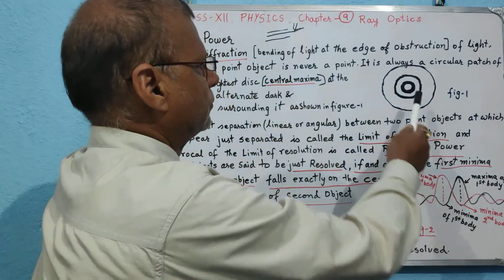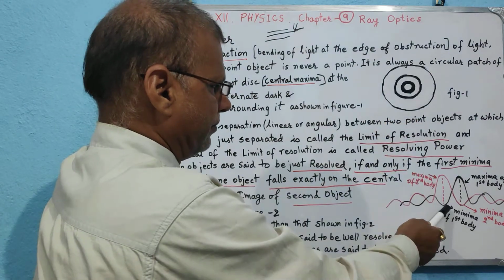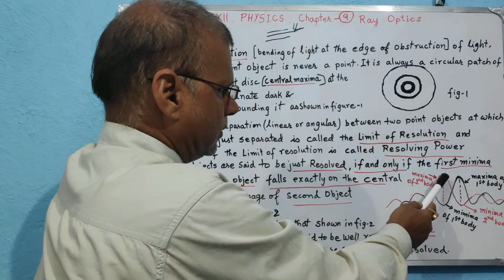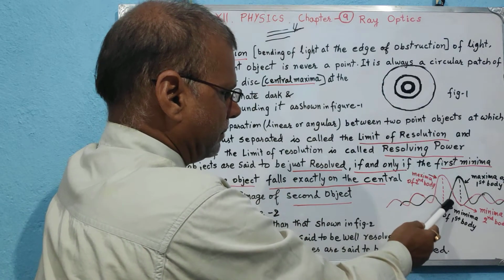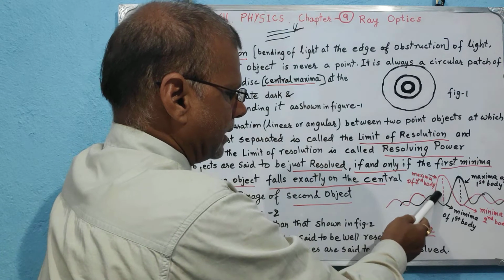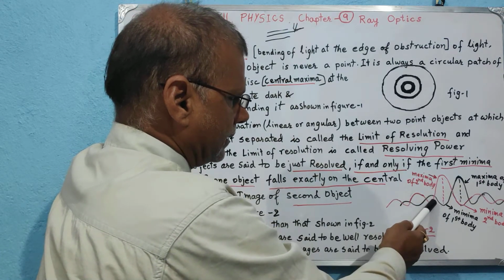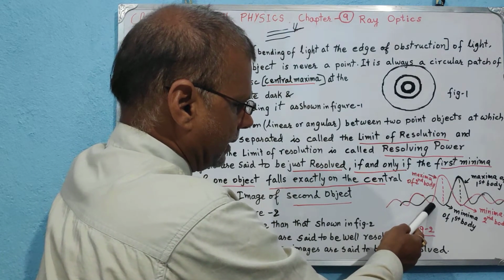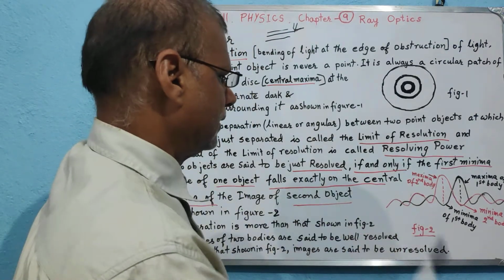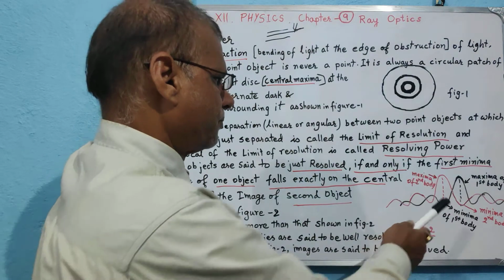We are showing it in the waveform, brightness and width, etc. The central maxima has maximum intensity and maximum brightness, and gradually it has alternate dark and bright bands with decreasing intensity and width.